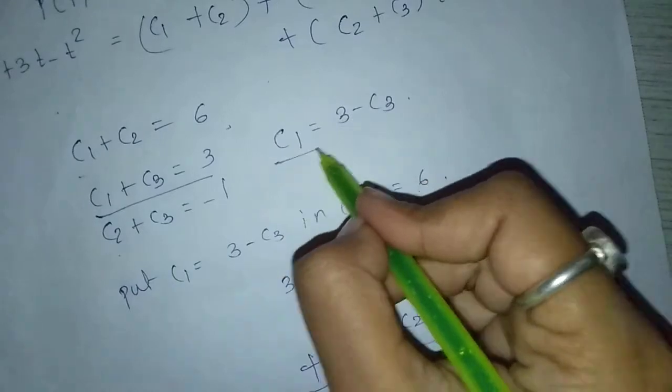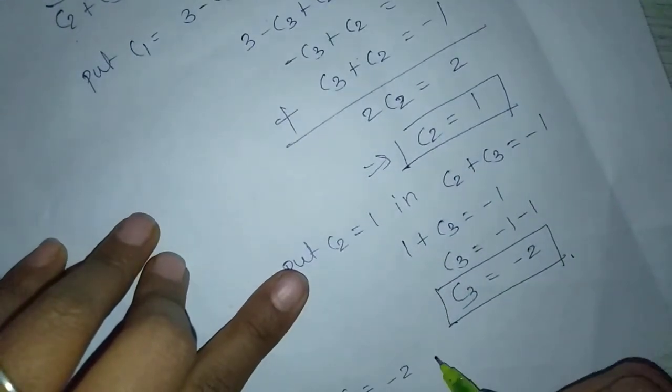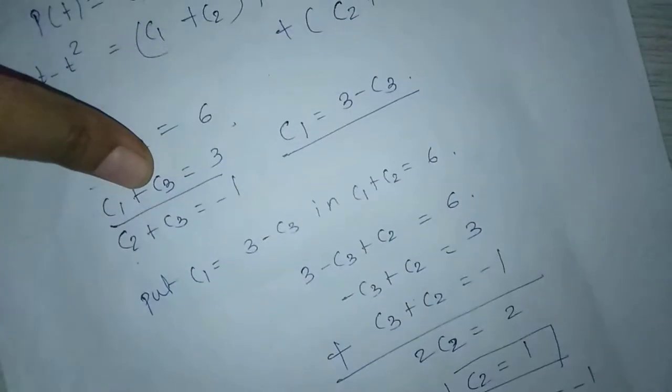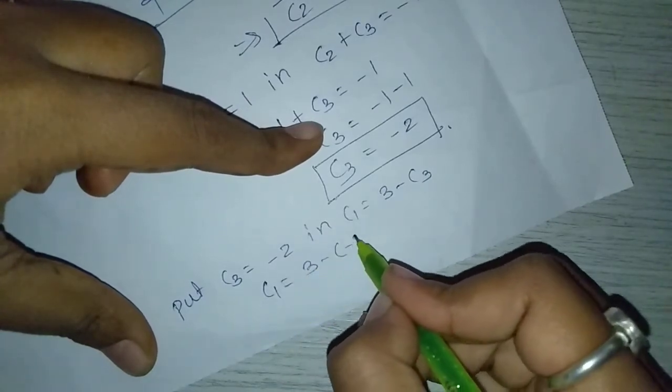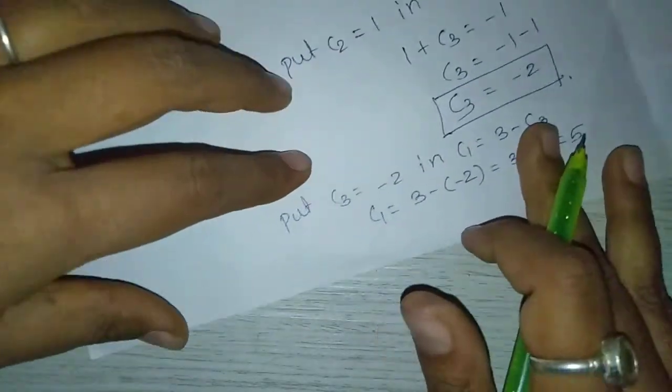Now put C3 equal to -2 in C1 equal to 3 minus C3. We get C1 equal to 3 minus (-2), equal to 3 plus 2, equal to 5.